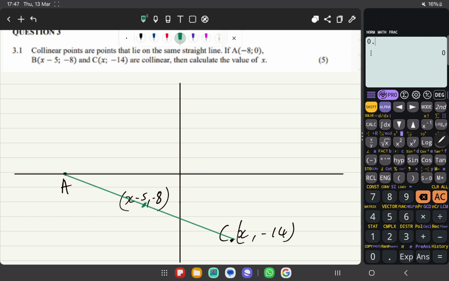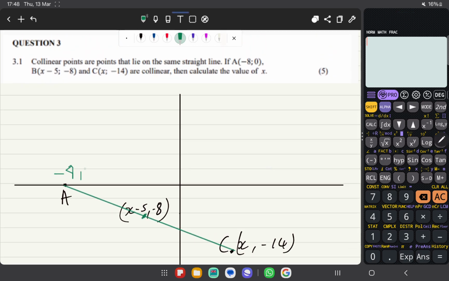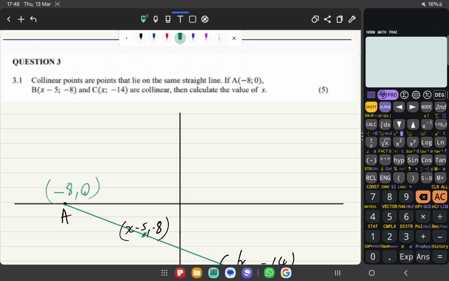So the question is, how are you going to solve this question? Let's get started. A is (-8; 0).